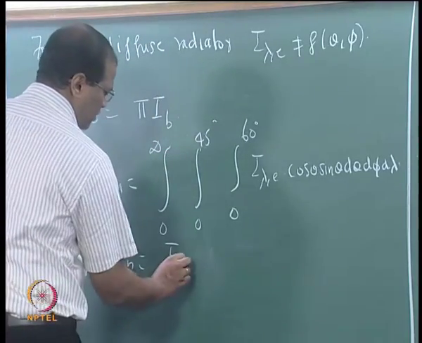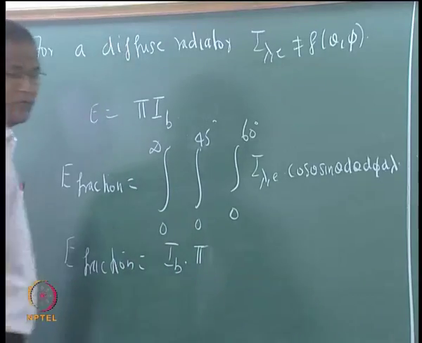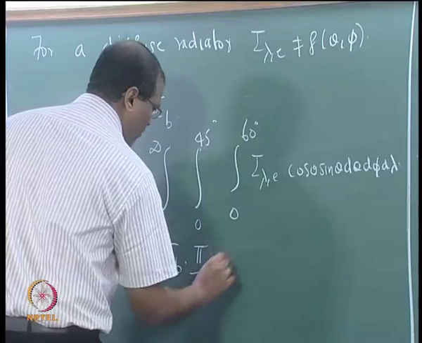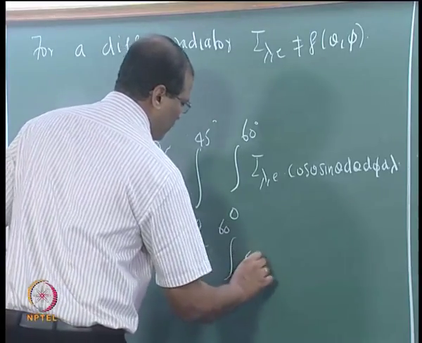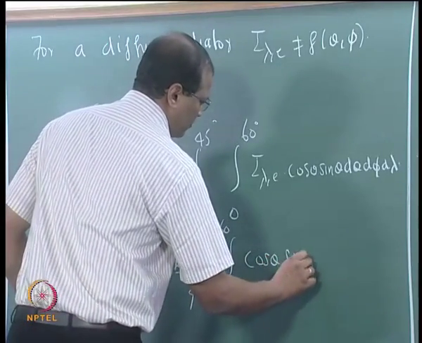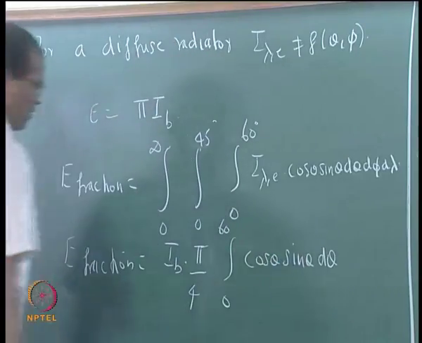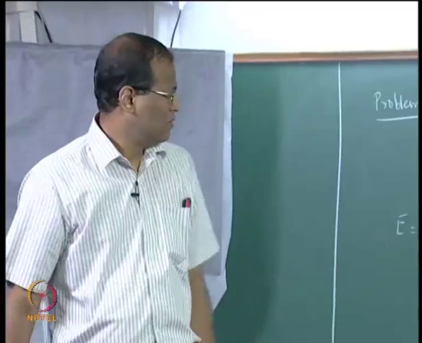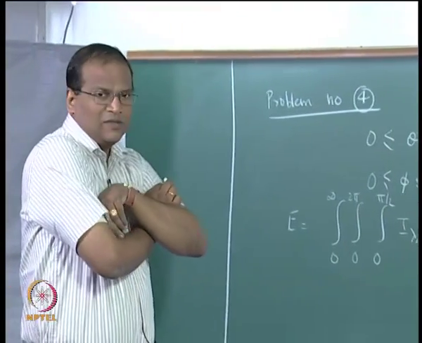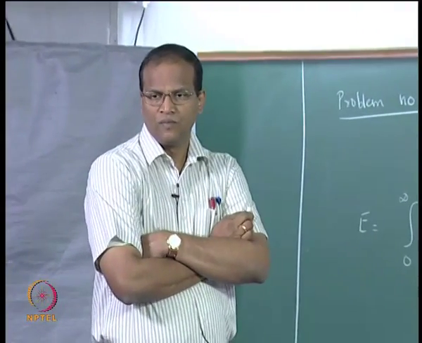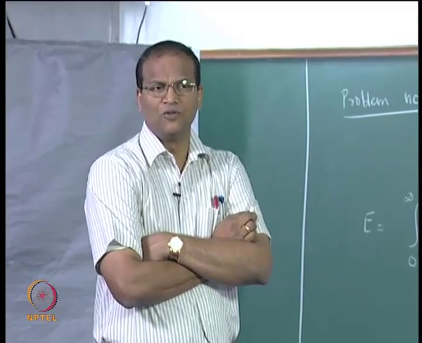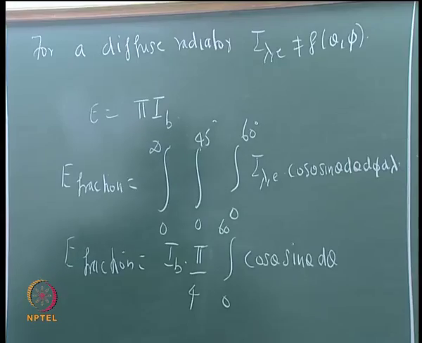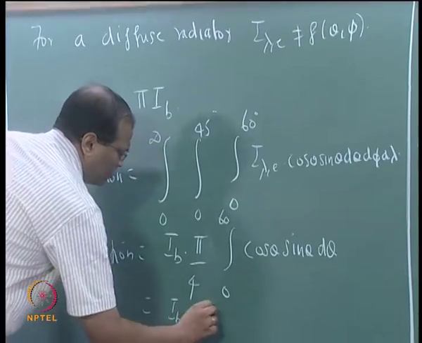So what is this one? 45 is pi by 4, okay. Is it okay, Vikram? Okay, what is that, cos theta sin theta is sin 2 theta by 2, minus cos 2 theta by 2, how much is it? No, tell me that.